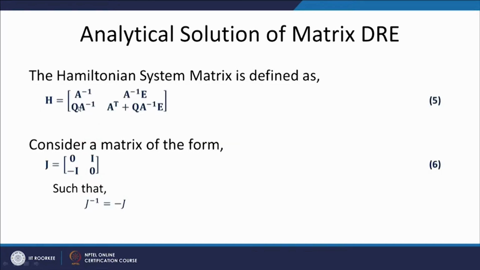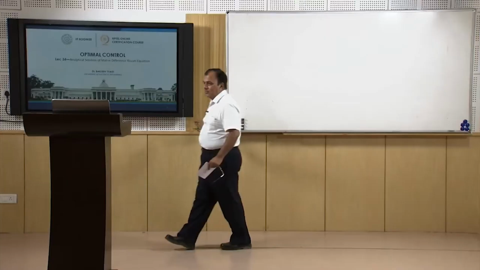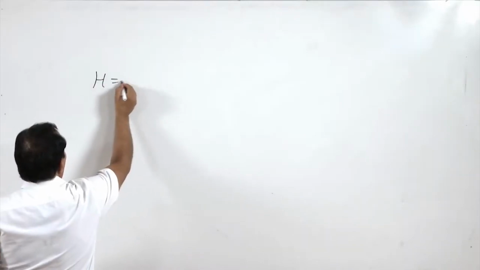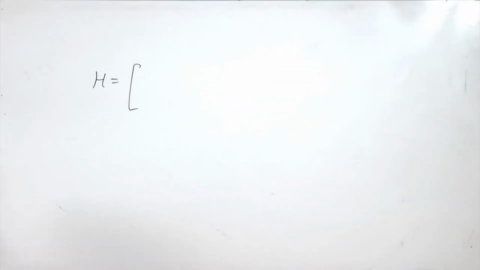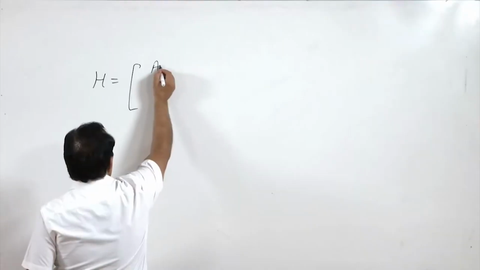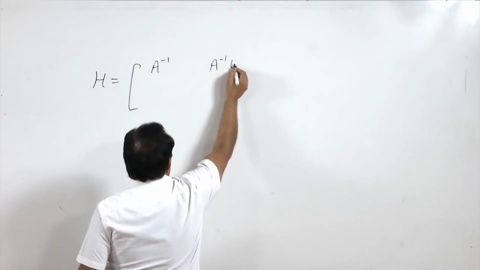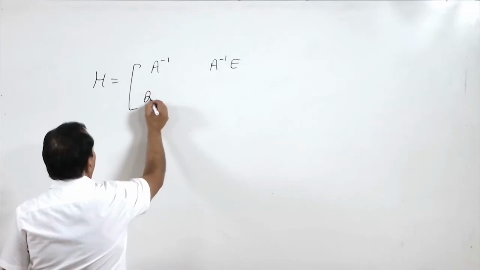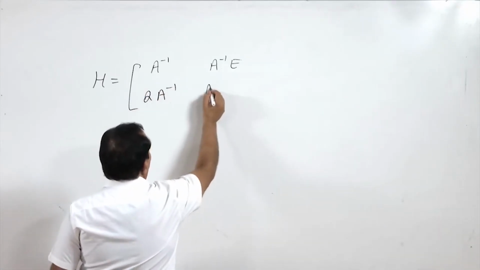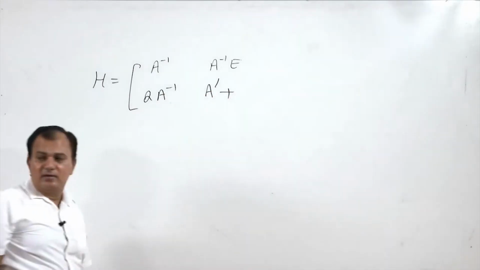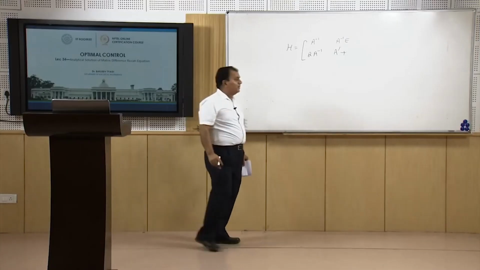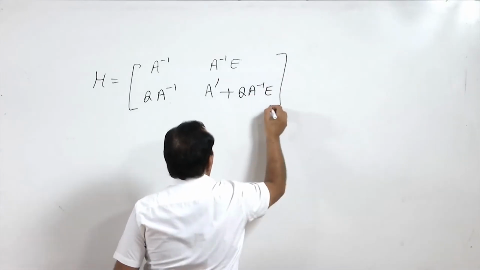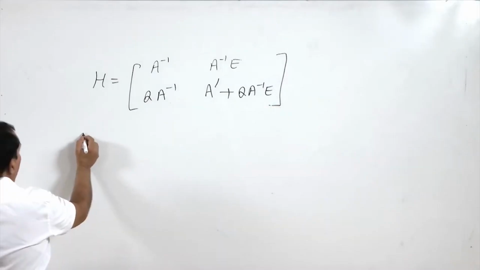So, taking the matrix H as A inverse E, I am dropping the K again, Q A inverse, A transpose plus Q A inverse E. I have to take the transpose of this matrix.